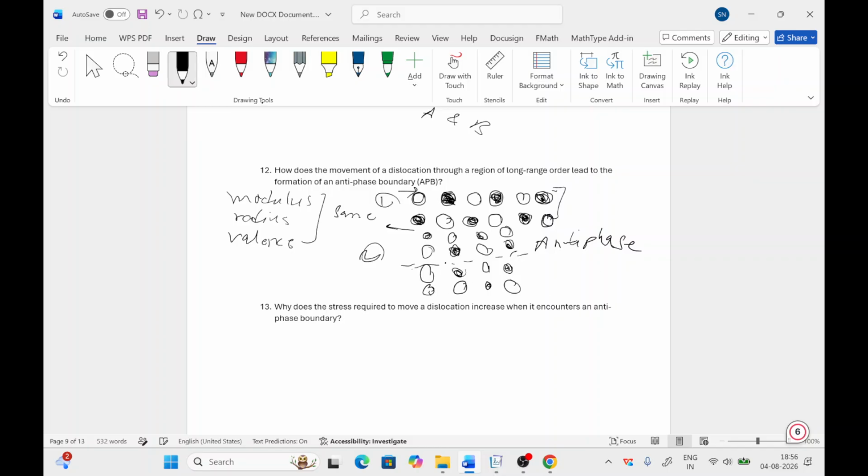So the displacement of the above plane will create a boundary which differentiates between two types which make two types of crystals. So this boundary is called the antiphase boundary. Means two phases are created from one phase.